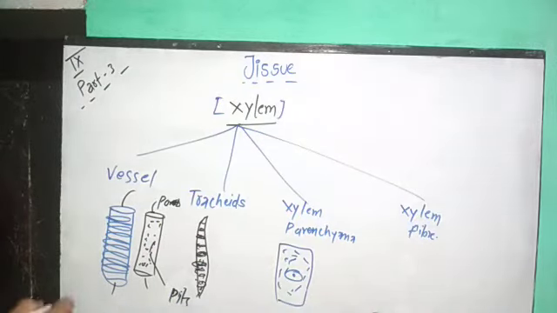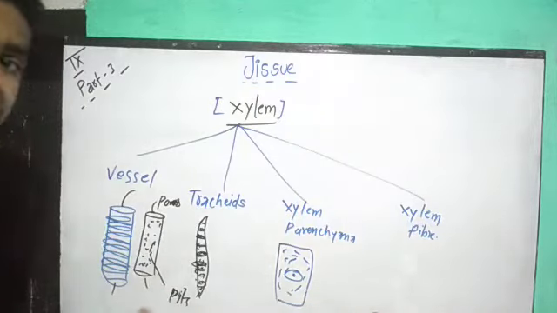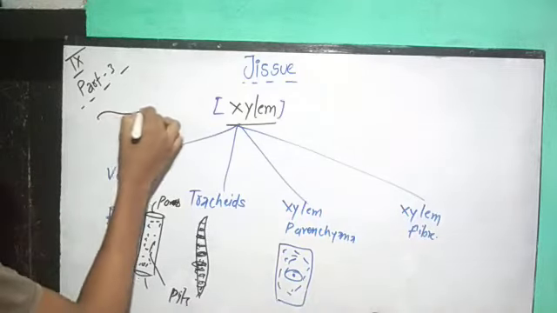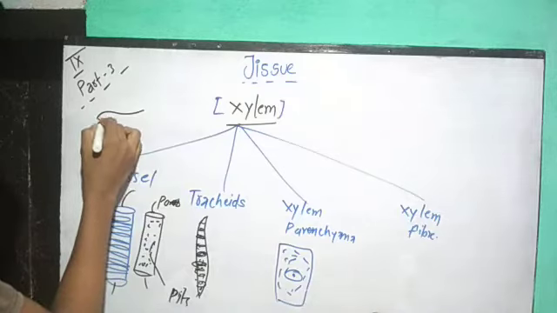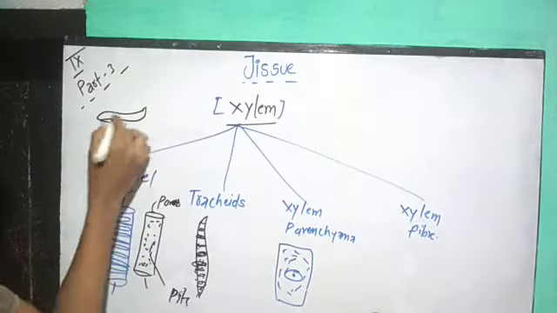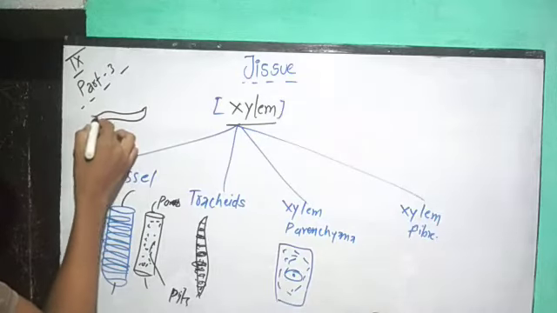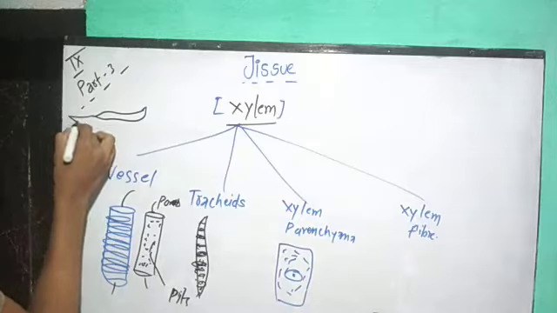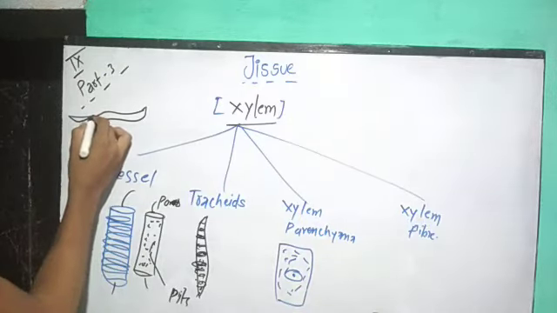What about tracheids? Here in case of tracheids, we see that they also contain pits, but how are they useful? Actually, whenever two tracheids come in contact with each other, let me draw it first. Suppose this is one tracheid and this is another tracheid, both joined here.